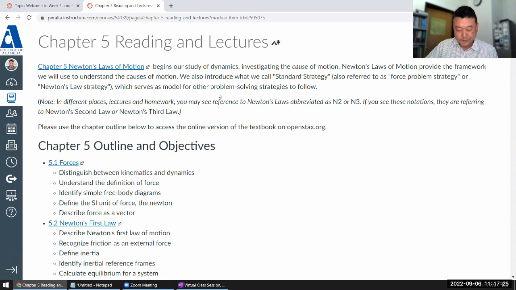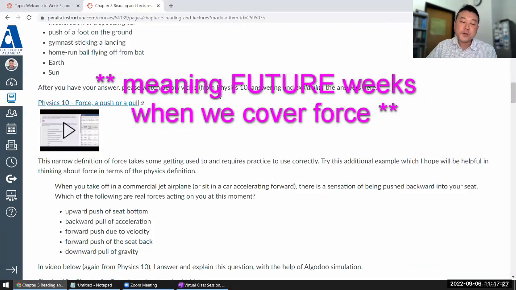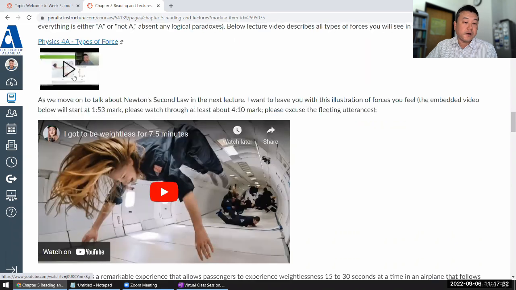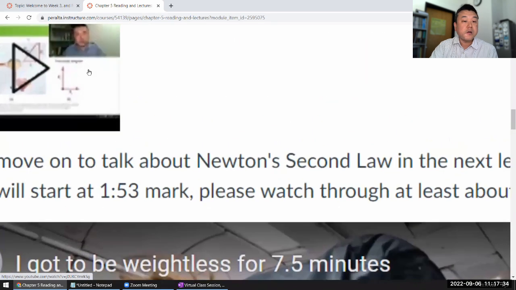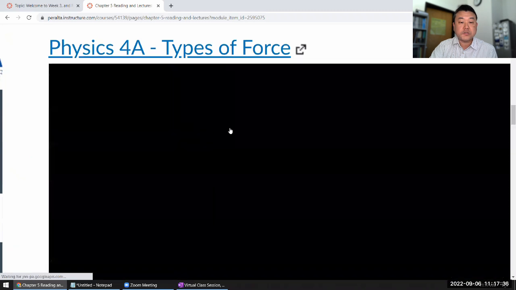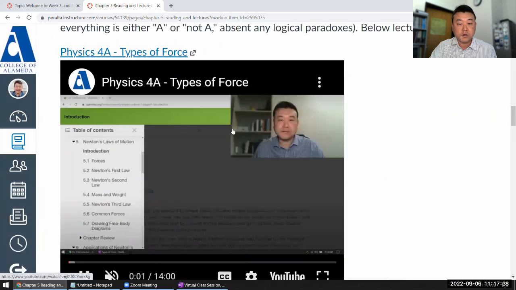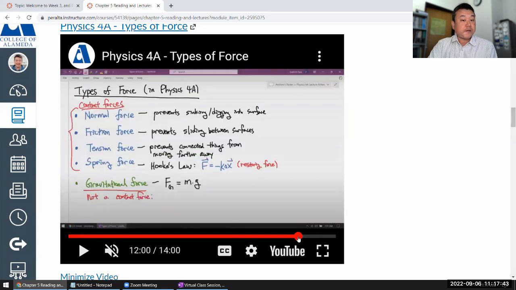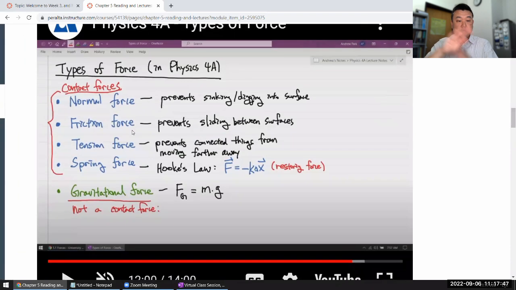So as you go through this week's material, you will see a lecture on types of force. So free fall is the circumstance where the only type of force being exerted on your body is gravitational force. So we describe all these different forces, and once you come to a conclusion that for a given situation the only force acting is gravitational force, then great, you have a situation of free fall.